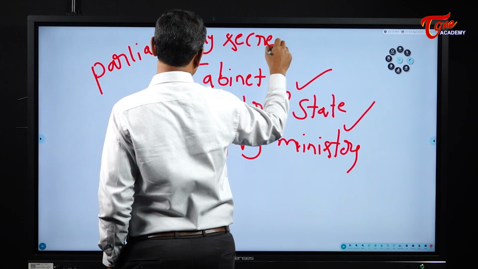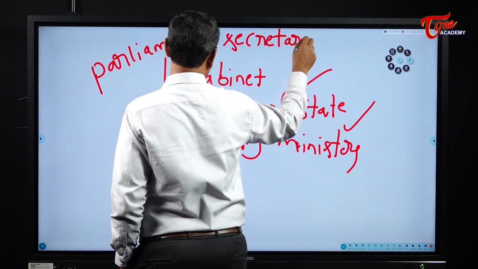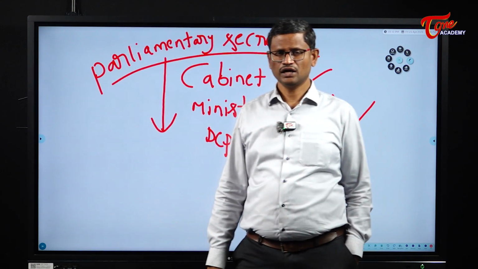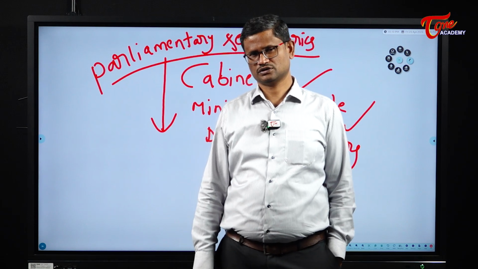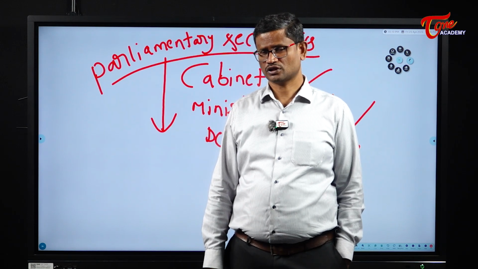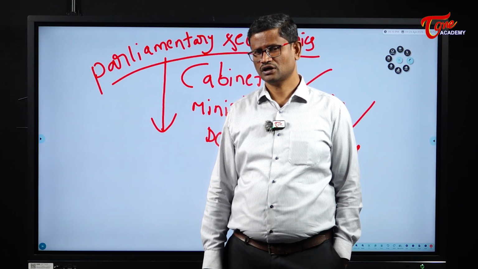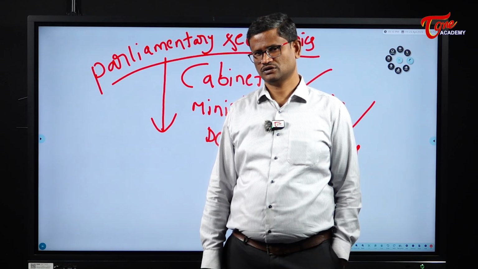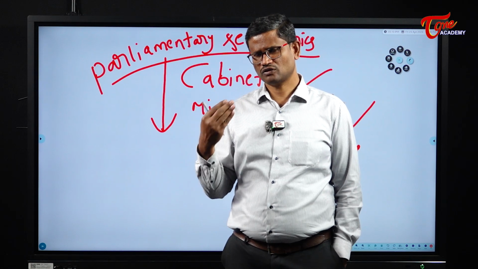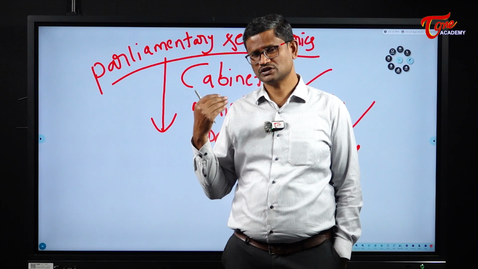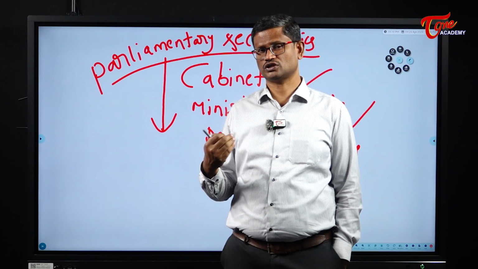They are not ministers. Parliamentary secretaries are people who assist the Cabinet Minister in the legislative responsibilities. So that's it about the President, Vice President, Prime Minister and Council of Ministers. And when the President takes the oath, he says that he will preserve, protect and defend the Constitution of India.